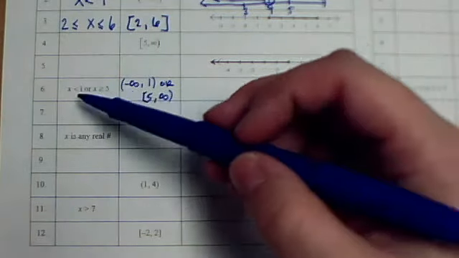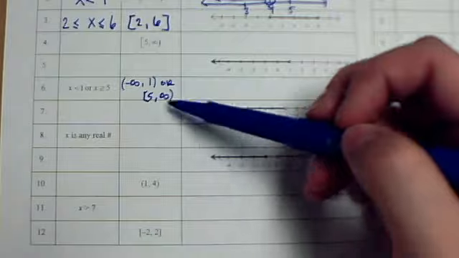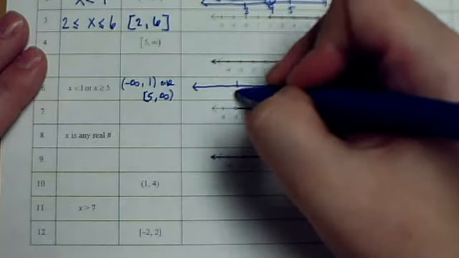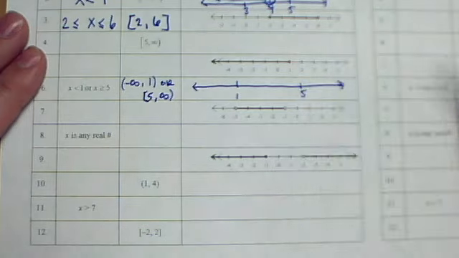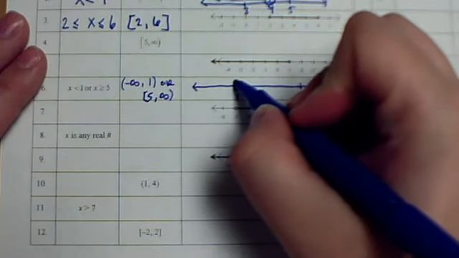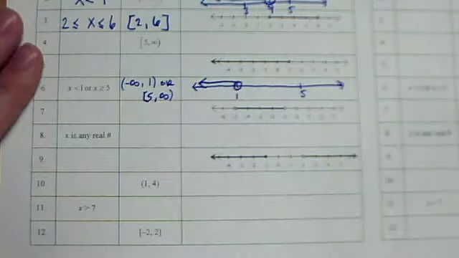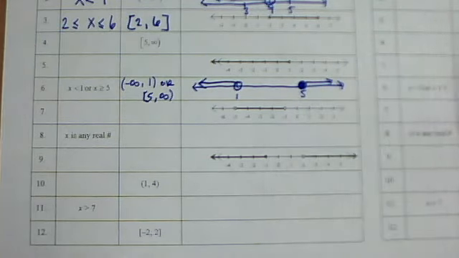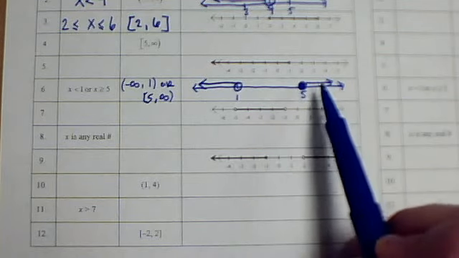Okay, so I'm going from negative infinity to 1, or I'm going from 5 to infinity. So on my graph I have 1 and I have 5. At 1 it's an open circle and it's less than. 5 is a closed circle, greater than. So it's either this situation or it's this situation.